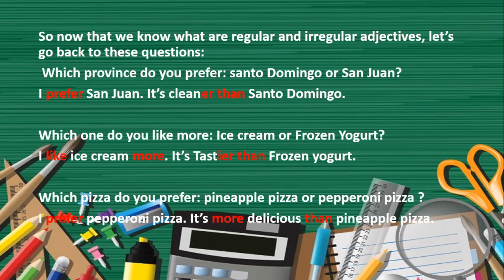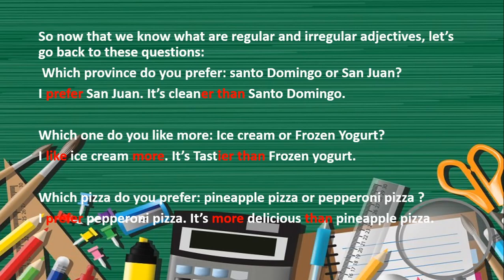Irregular are the adjectives that change completely, the adjective itself changes completely. That is an irregular adjective. But the regular ones just have words added at the end, or in this case, they have the word more added before the adjective itself.